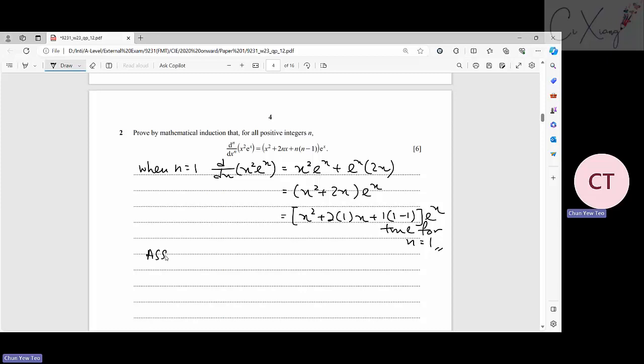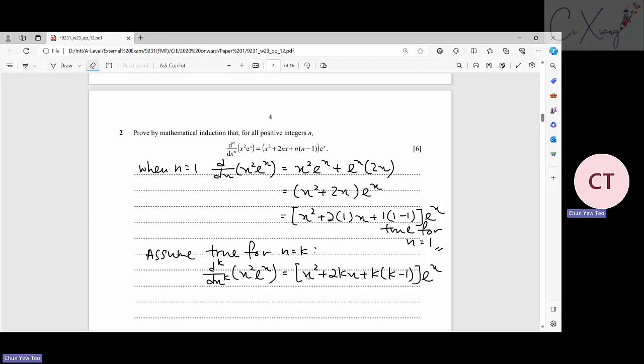Then we assume true for n equal to k, which means d^k/dx^k of x squared e power x will equal (x squared plus 2kx plus k multiplied by k minus 1) e to the power of x.